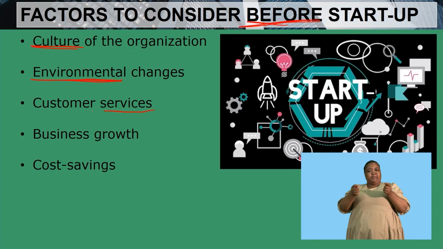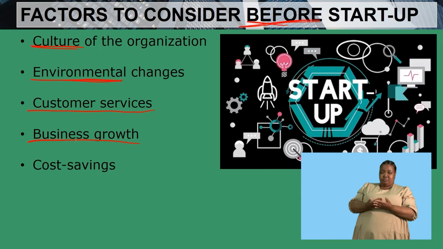How does the environmental change affect your business? Does it affect it in any way? And if it does, what are you going to do about it? You also look at customer services. How are you going to make sure that whatever it is that you are producing or rendering a service to your customer, it leaves them happy and satisfied?